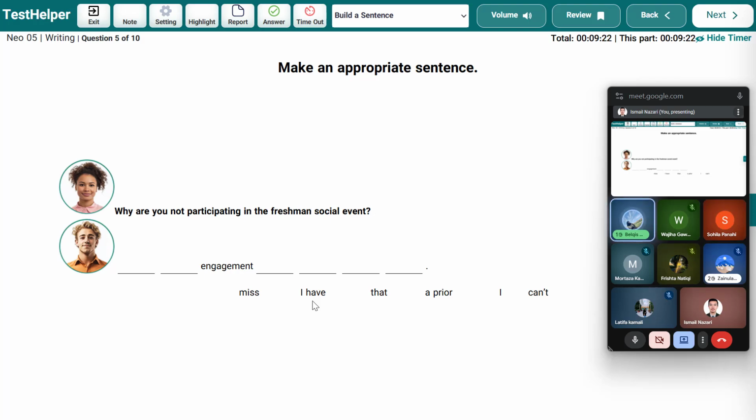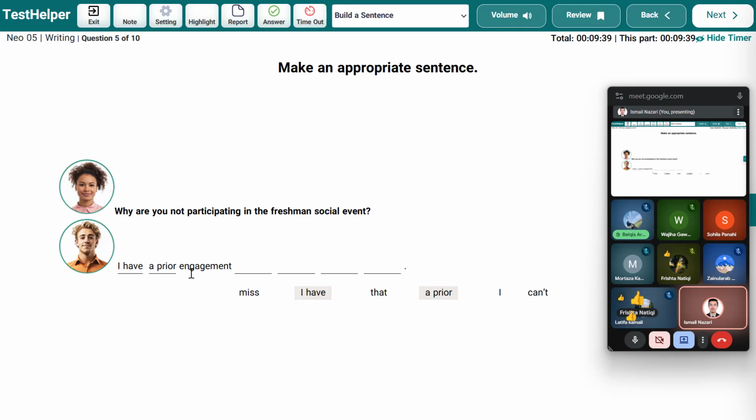I have a prior engagement that I can't miss. Okay, that could be one possible answer. Very good. I have a prior, because I have is considered as one chunk. A prior is the next chunk, and then we have the next subject, I. Then we have can't, then the verb, miss.